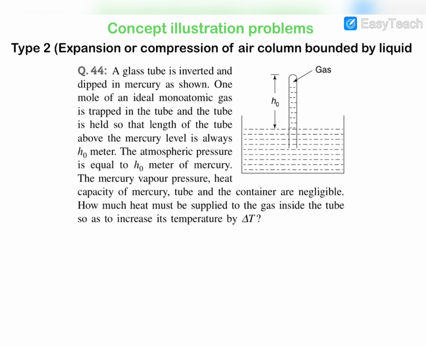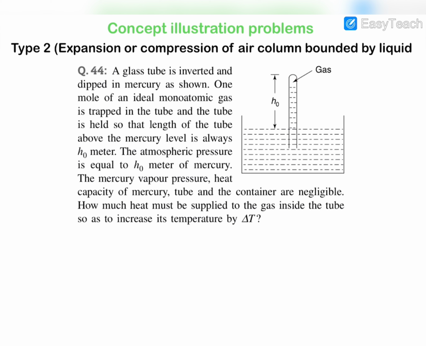In this question, you can see that there is a beaker containing mercury, and an inverted closed glass tube is being dipped into the beaker, and this glass tube is above the mercury level by a height of h0, and there is some gas which is being trapped inside this glass tube on the top.